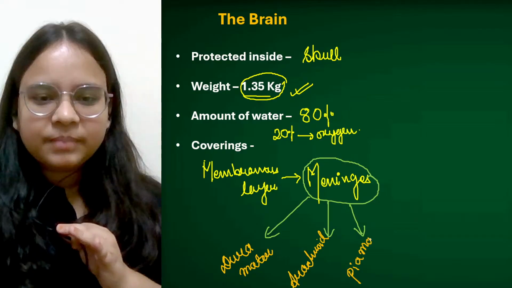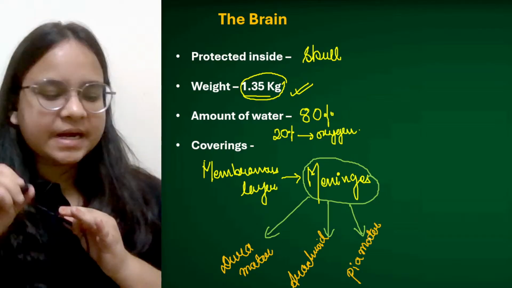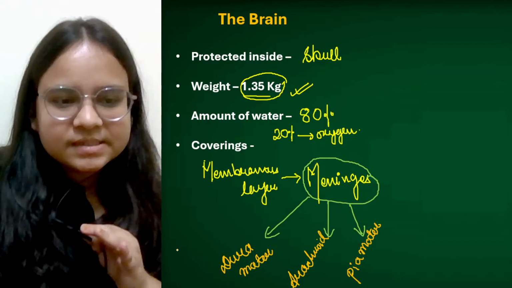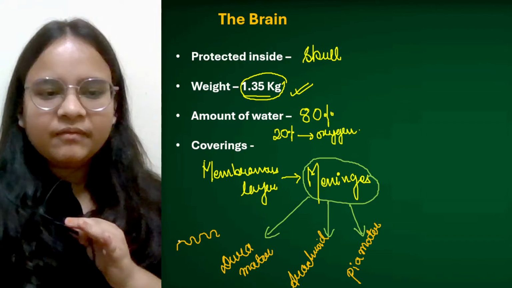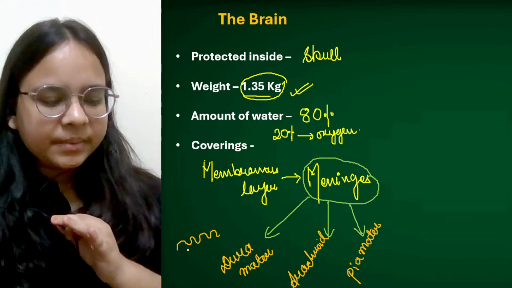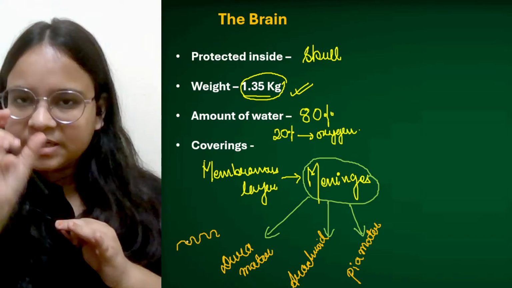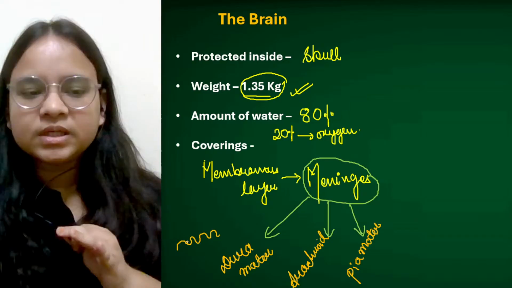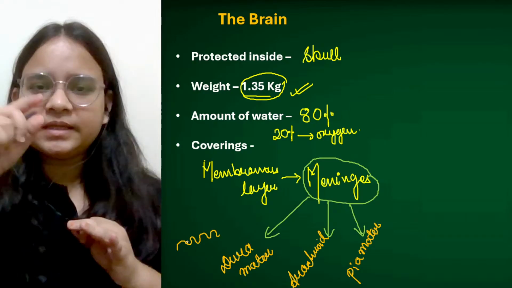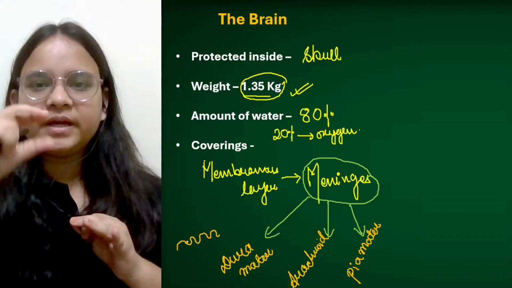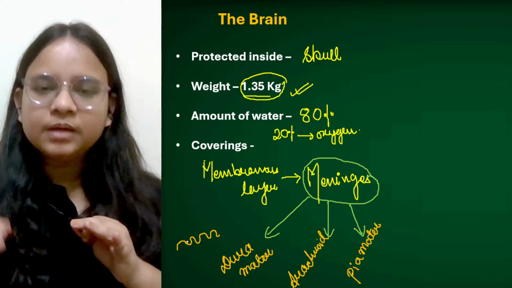Now we are going to understand this way: suppose this is the surface of our brain. I'm drawing it like this because the surface of the brain is not smooth, it has convolutions. What do we understand by convolutions? That means it has folds that go up and make grooves.